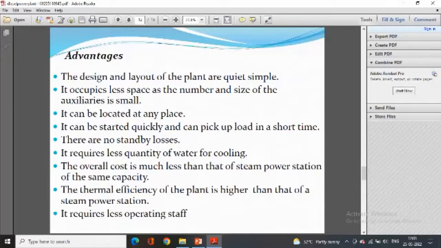There are no standby losses. It requires less quantity of water for cooling. The overall cost is much less than that of steam power station of the same capacity. The thermal efficiency of the plant is higher than that of the steam power station. It requires less operating staff.